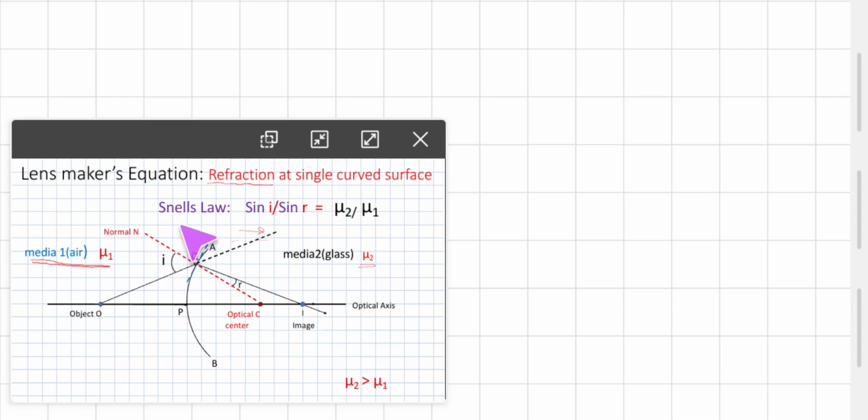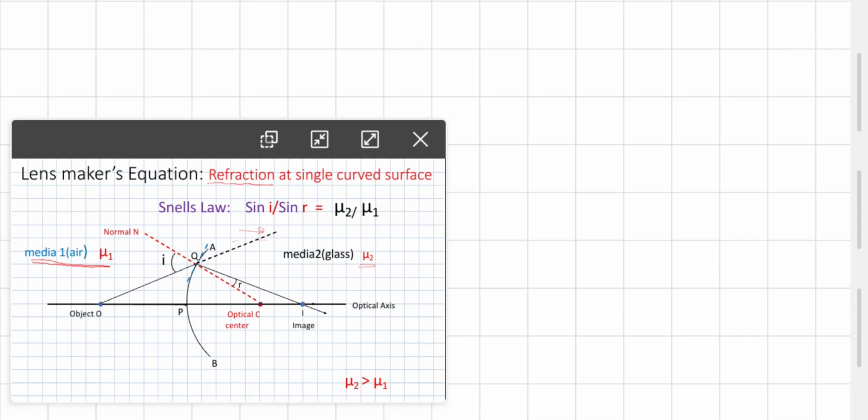According to Snell's law, sine i divided by sine r is equal to mu2 upon mu1. It is a ratio of the refractive indices of the media, mu2 upon mu1. This is a relation, and that is Snell's law.